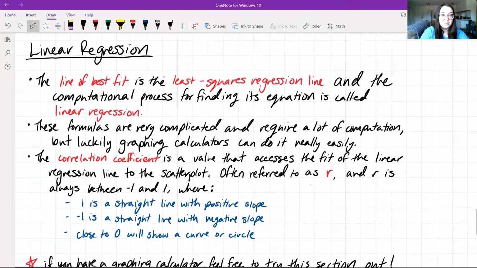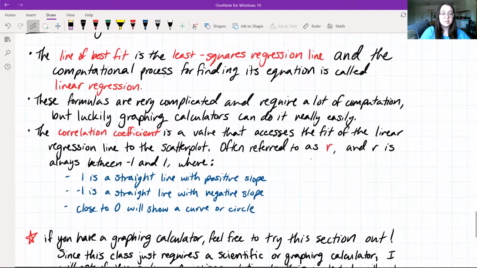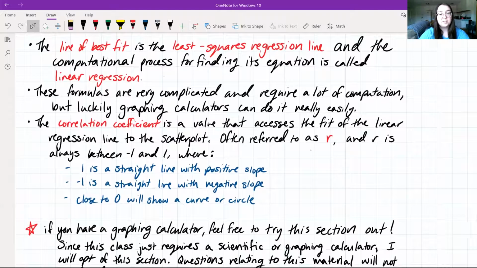All right, so we're on to our next part. We have linear regression. The line of best fit is also known as the least squares regression line, and the computational process for finding its equation is called linear regression. These formulas are very complicated and require a lot of computation, but luckily graphing calculators can do it very easily.